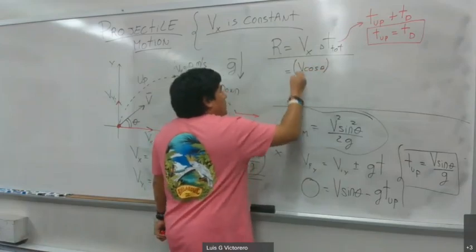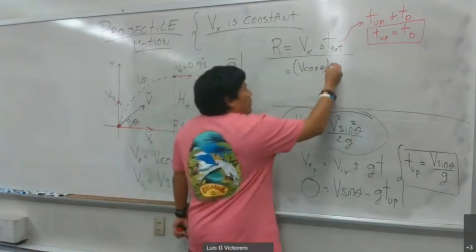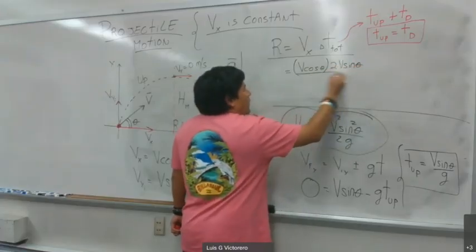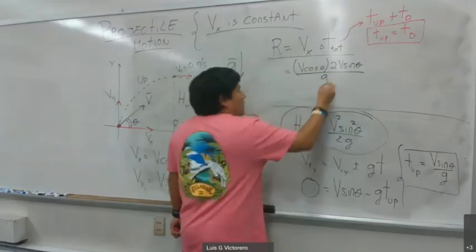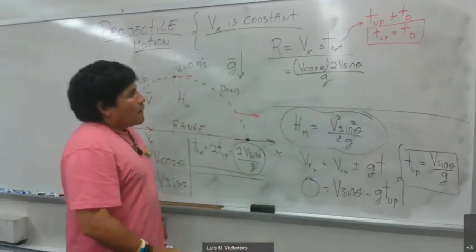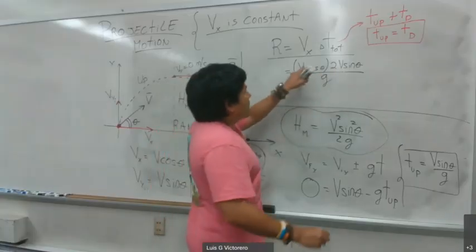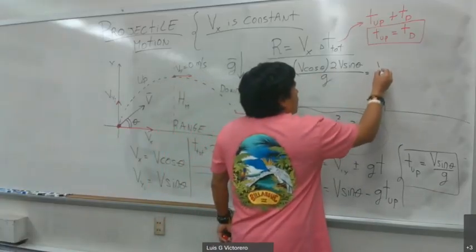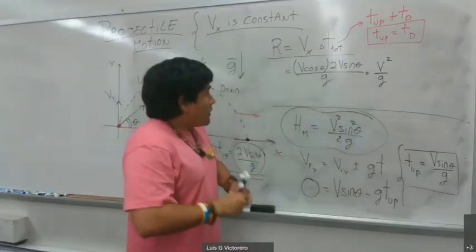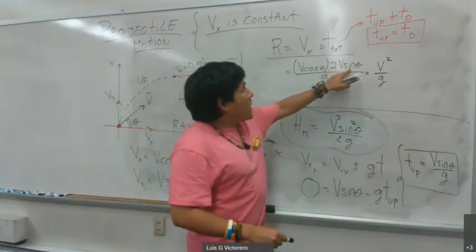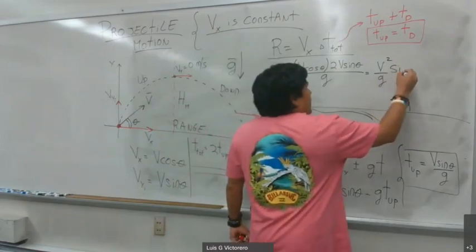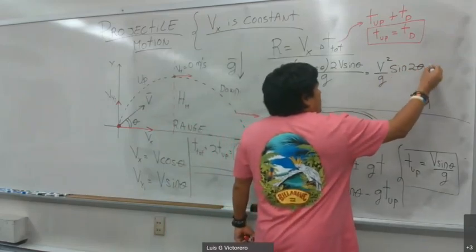What's the total time? 2V sine theta over gravity. V times V is V squared over gravity. And if you remember from trig, 2 sine cosine is the sine of 2 theta.